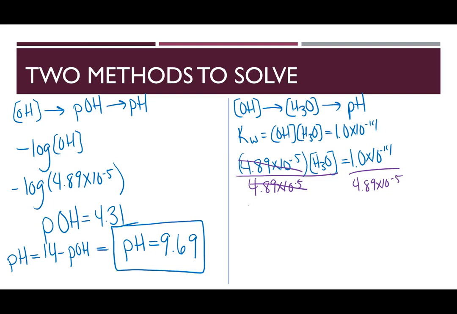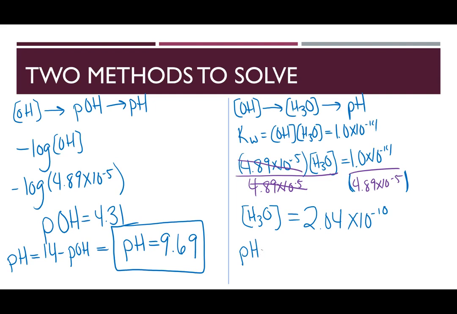And we get that the hydronium concentration is 1.0 times 10 to the negative 14th divided by, don't forget parentheses, 4.89 times 10 to the negative 5th. And we get that the hydronium concentration is 2.04 times 10 to the negative 10th.